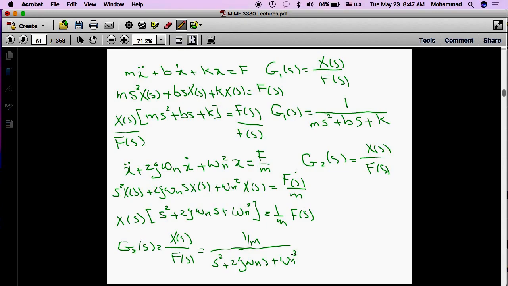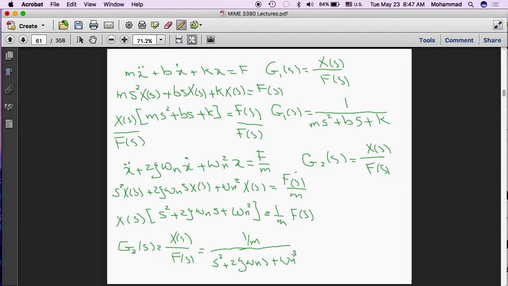Anywhere you had double dot, now you have s squared. Anywhere you had dot, you have s. And when there was no derivative, you don't have s. So it's very similar to what you had in the differential equation. We have now dealt with 2 second-order differential equations and turned them into transfer functions.